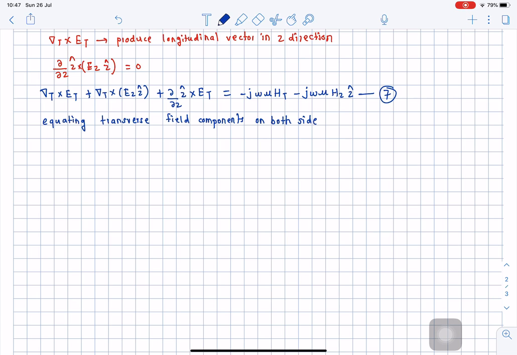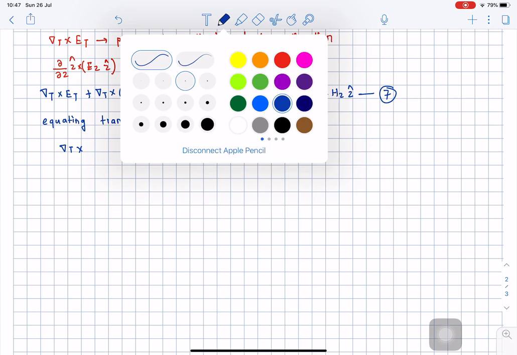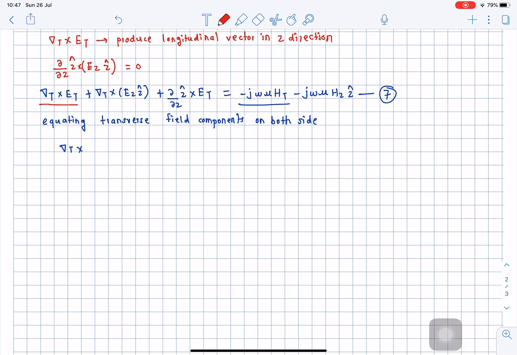On the right hand side of equation 7, the transverse field component is indicated by this particular term. Similarly, on the left hand side you need to equate the transverse field component. Please remember, I will underline that term: this term is not going to give you the transverse field component, but the longitudinal field component. The only transverse field components are this one and this one, so I will write those on the left hand side.